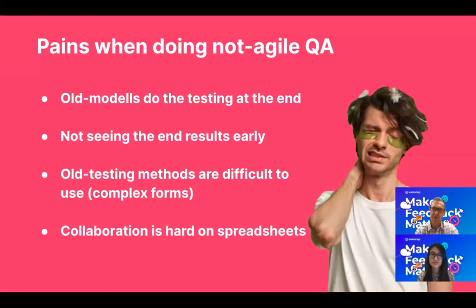If we sum this up, or if we list these pains that are coming up, and that we also try to address in our webinars, that's the old model, aka the waterfall model. The testing was at the end, and it was a huge task, and it was hard then to shift and to move the product in the right direction.